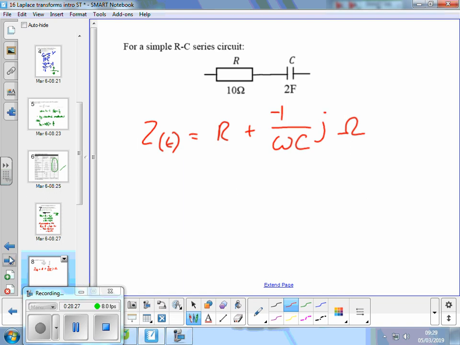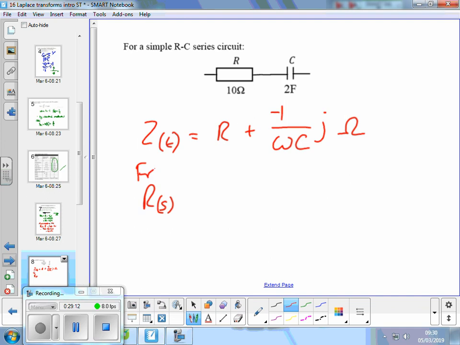In the table, it's not a negative, it's not a minus 2F. The minus sign is only there because of the j term, to give the negative angle instead of the positive one. But in the S domain, that doesn't matter. So that's why I've written it like that.